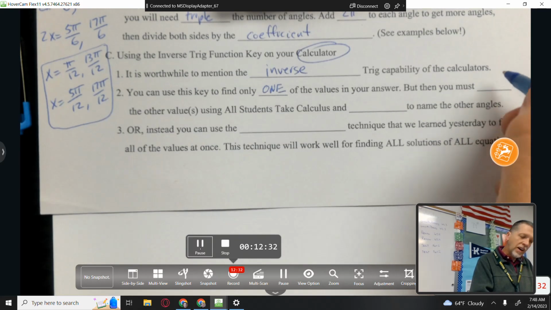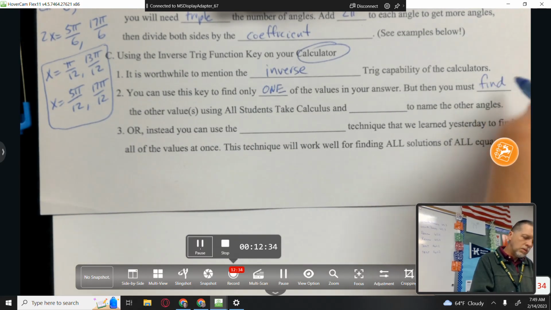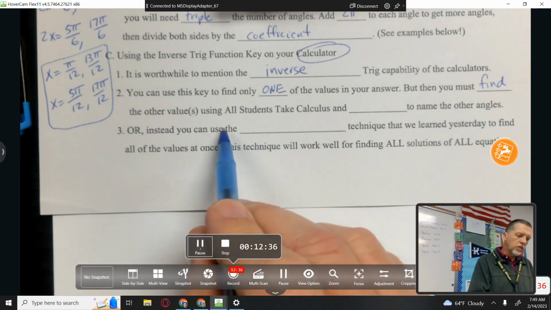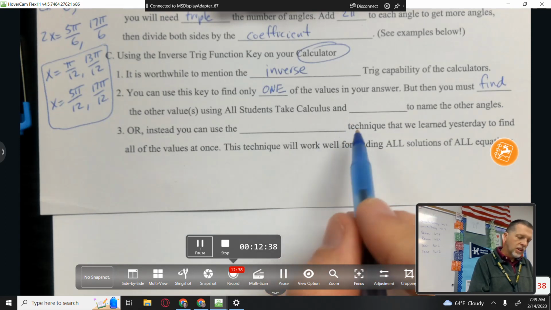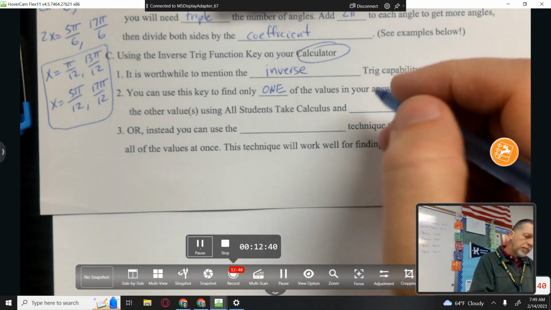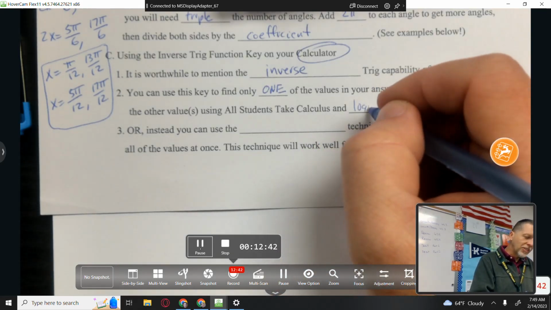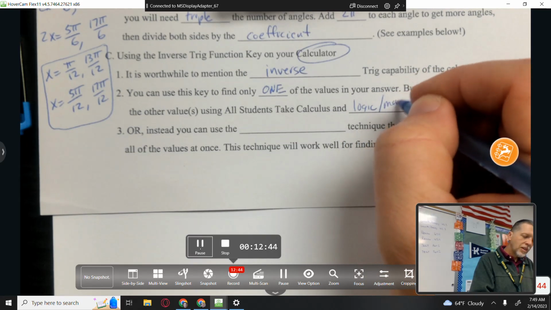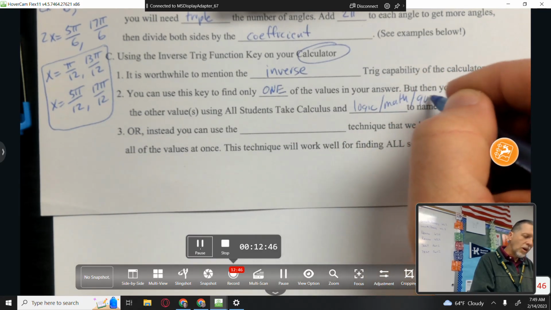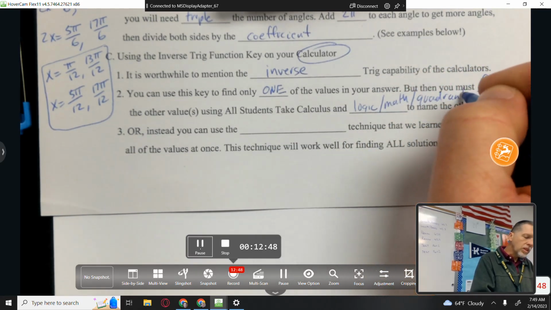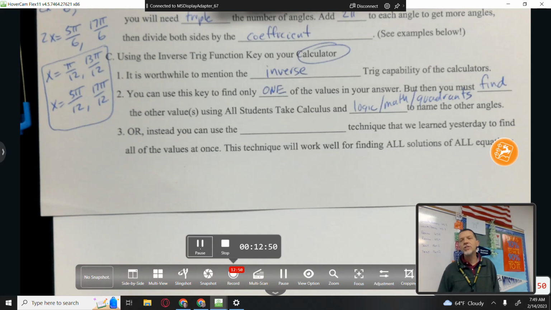So you must find the other answers using All Students Take Calculus. This says logic. I don't know if that's the right word. Math, quadrants. You just have to figure out the other one, and I'll show you with some examples.